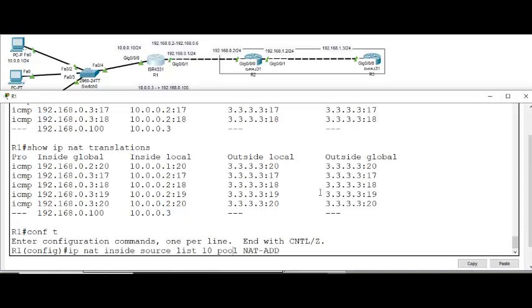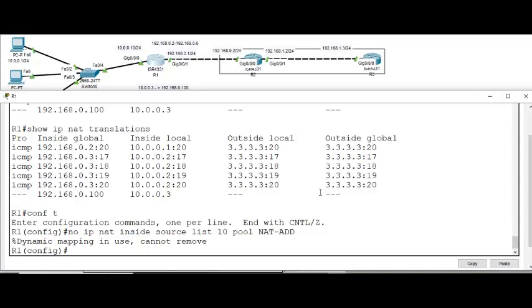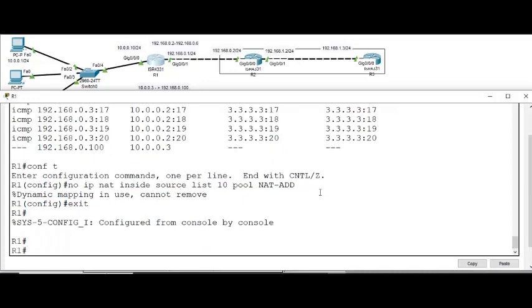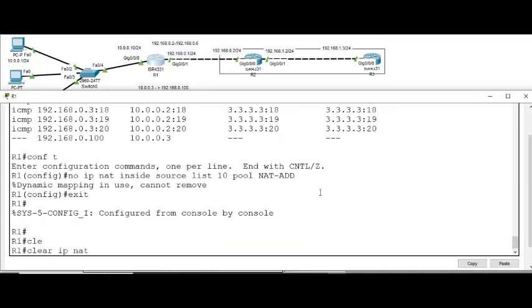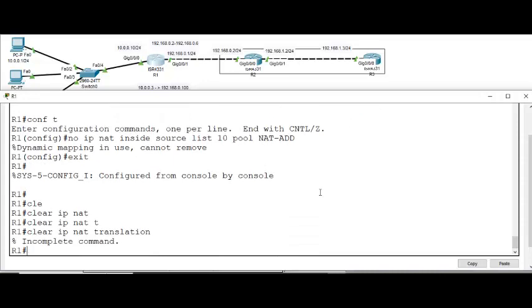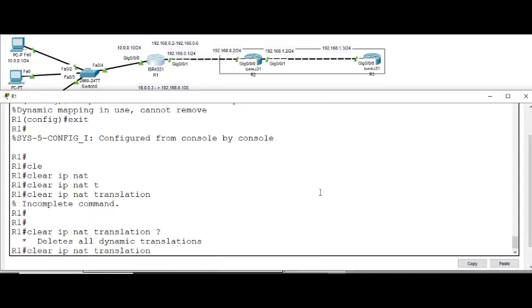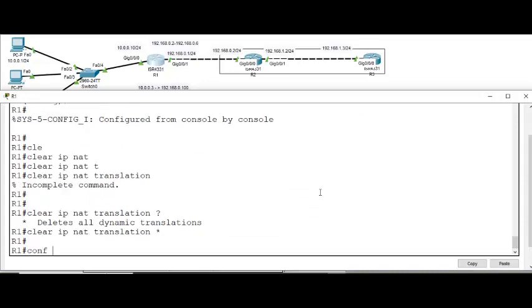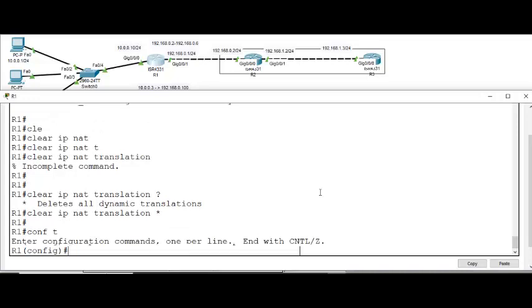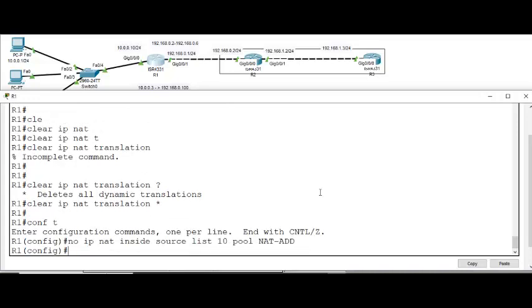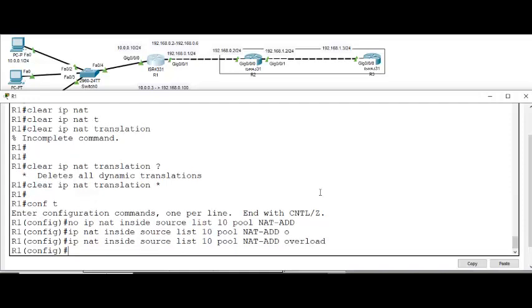You understood? After overload, you see the difference. Let me go and ping now. See, it's pinging now. And let me go and ping from here. It's pinging. I ping from both the computers. Both will be given the same mapped IP address. You see, for both 1 and 2, it gives any one address. It need not always be the first address. Any address in the pool.